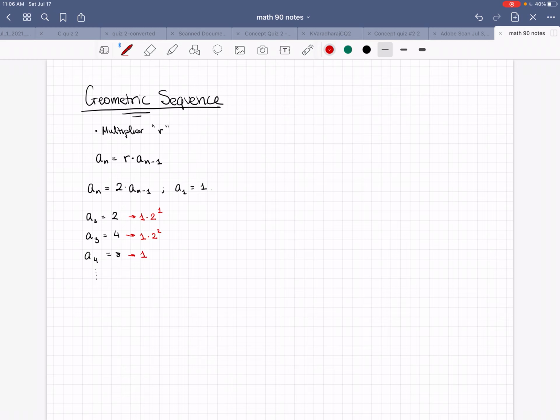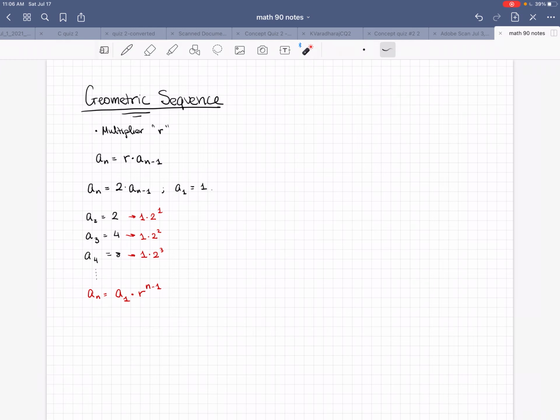A sub 4 is 1 times 2 cubed. So if we wanted, we could actually say that a sub n is equal to a sub 1, right? That's our first term, 1, times r to the power n minus 1.